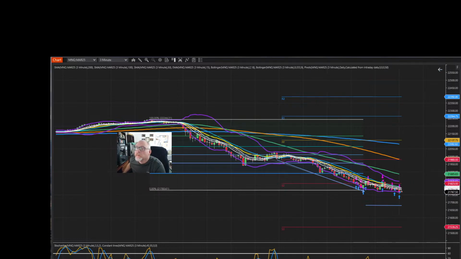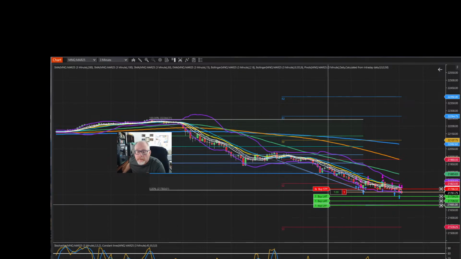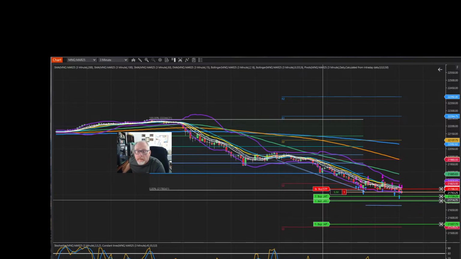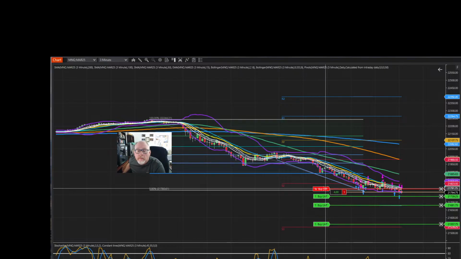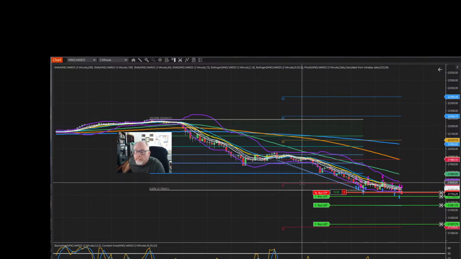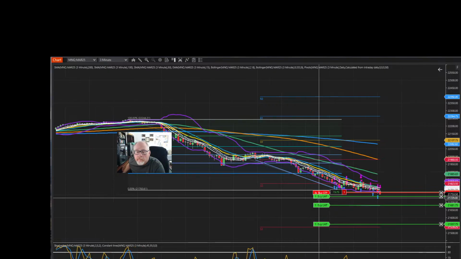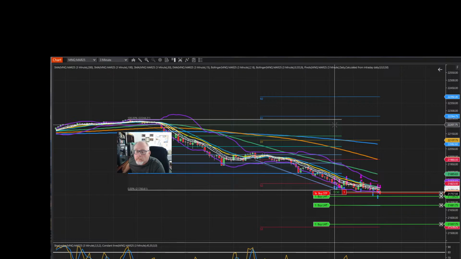Really tight Bollinger Band here. Order filled. Here we go. Stop filled.